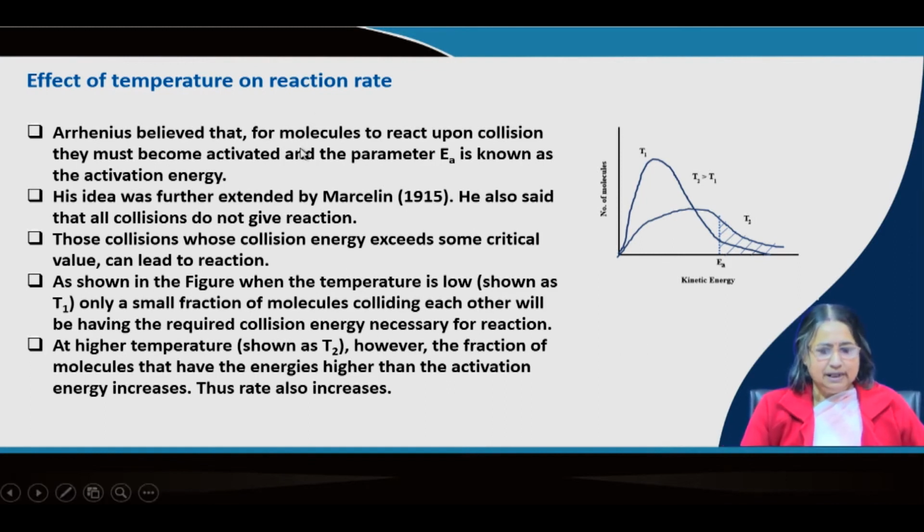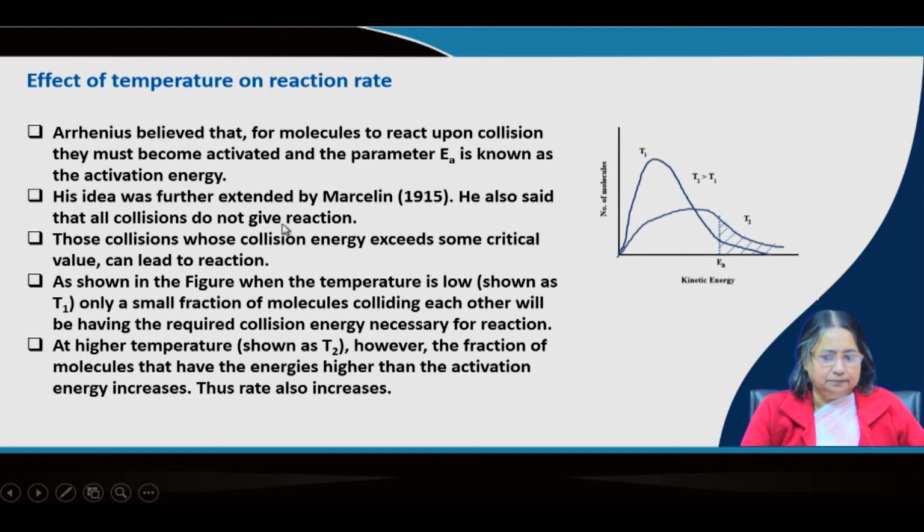So, Arrhenius believed that for molecules to react upon collision, they must become activated, and the parameter Ea is known as the activation energy. His idea was also refined further by other scientists such as Marcelin in 1950.